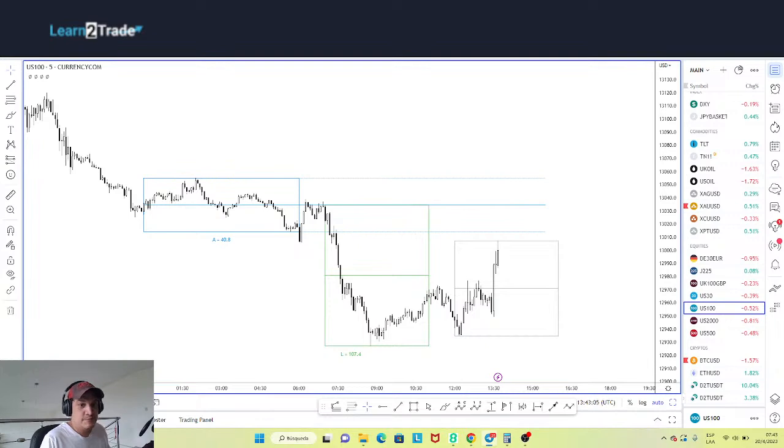And here is that thought process for my free users too. Nasdaq short, thought process.